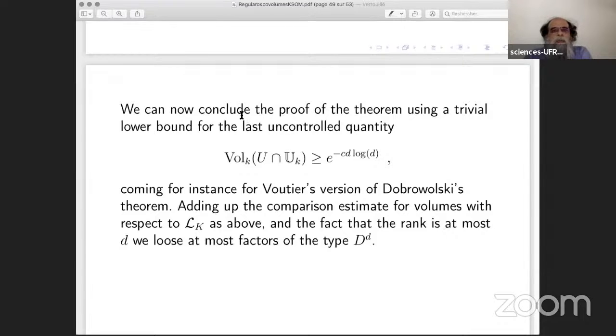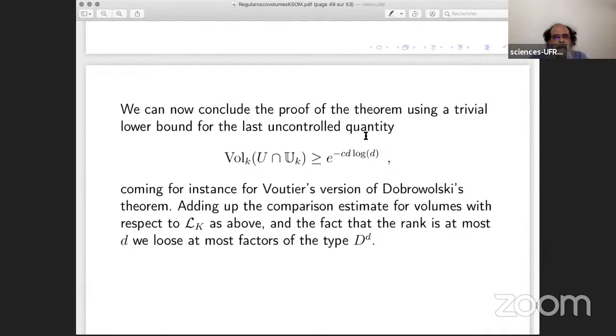And now what you do is you say simply that this unit small group has rank which is less than d, and each individual vector is bounded below by Dobrovolsky's bound or Paul Voutier's bound. So you just use a one-dimensional thing, and you get something that goes to zero very fast, like a d factorial, but you don't care, it's a small d.